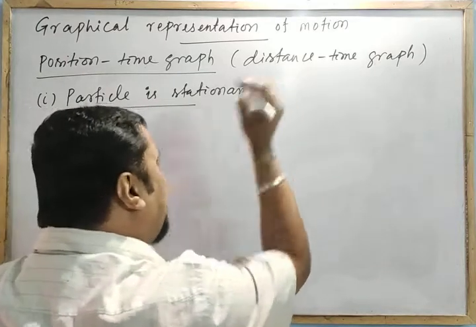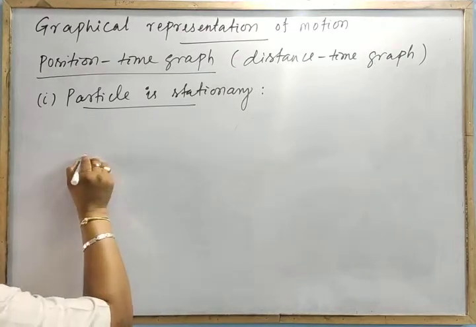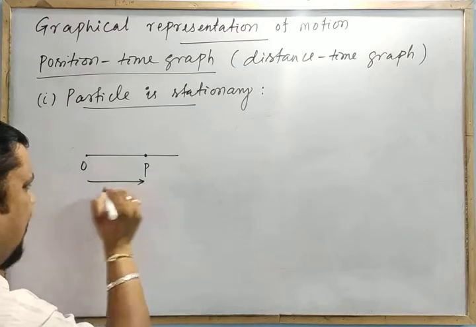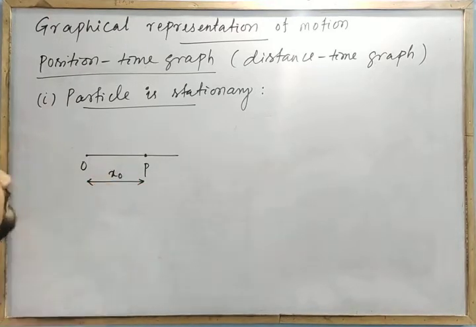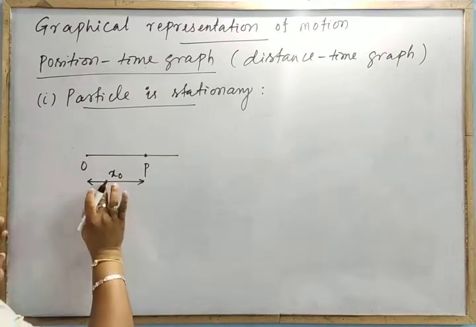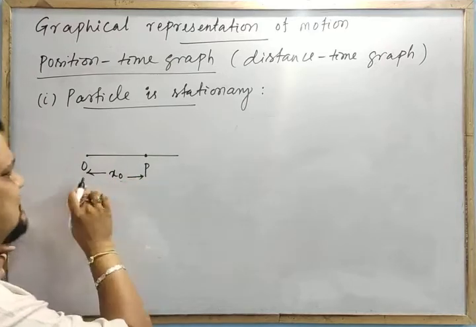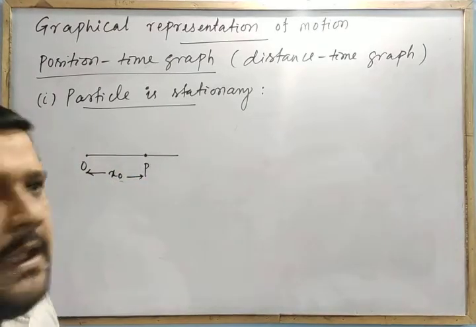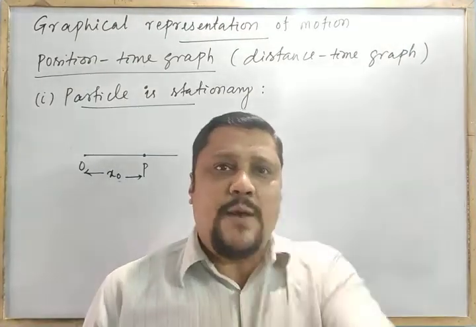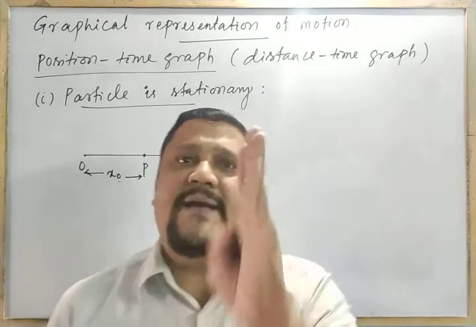Suppose you are an observer at the point O, the origin, and you observe that there is a particle at P which is at a distance of x naught from O. O is the reference point, you are standing at O, and you observe that the particle is at the point x naught and the particle is at rest.